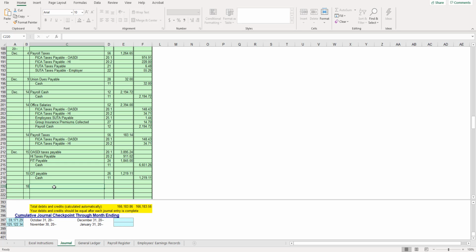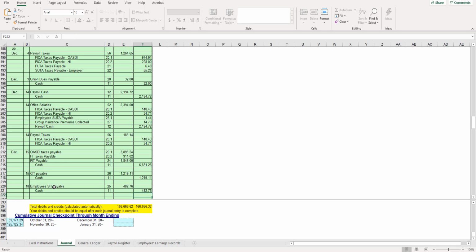And we're depositing the amount for the SIT payable. So this is the state income tax that we withheld from folks. And this would look like this journal entry here. And then we have, it is going to be 482.76.